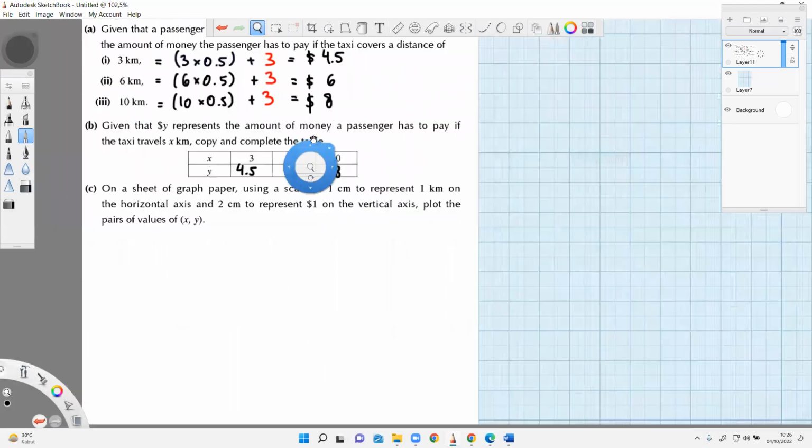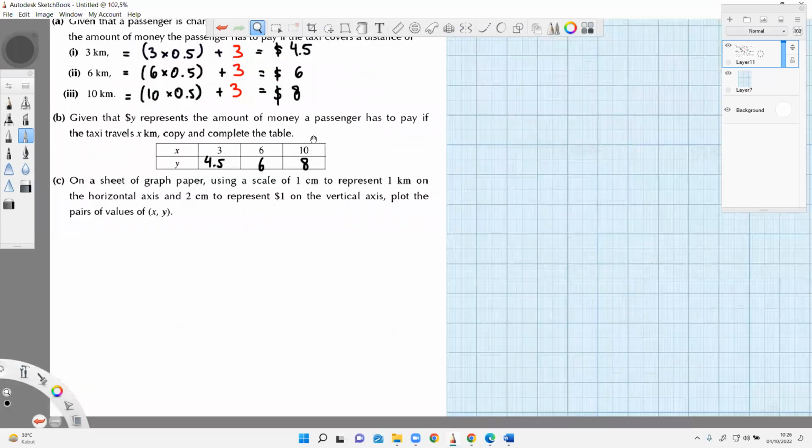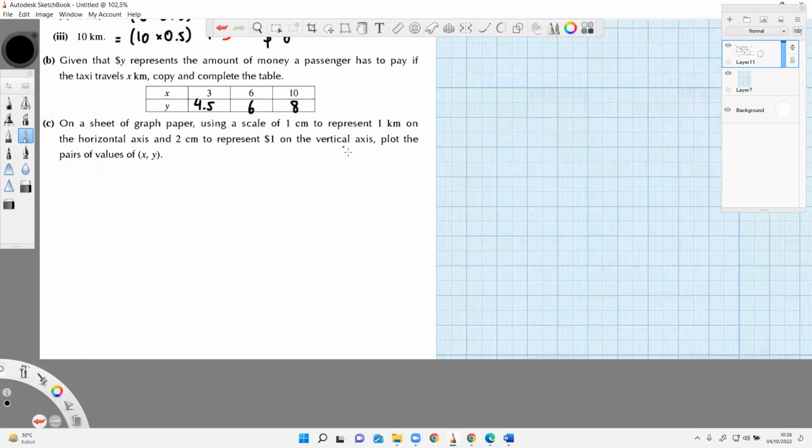Okay, on a sheet of graph paper, using a scale of 1 cm to represent 1 kilometer on the x-axis, the horizontal axis. So this is 0. 1 cm represents 1 kilometer, guys.